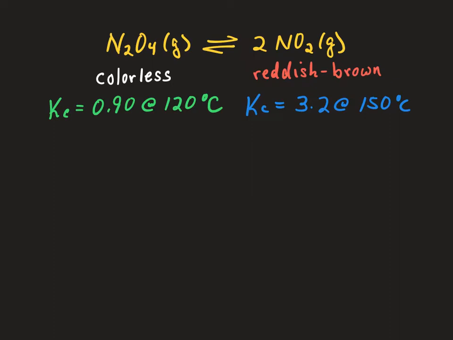So let's start with choice A. Let's deal with temperature. What is going to happen to the equilibrium if we increase the temperature? Well, we just said if we increase the temperature, our equilibrium will be shifted farther to the right than to the left.